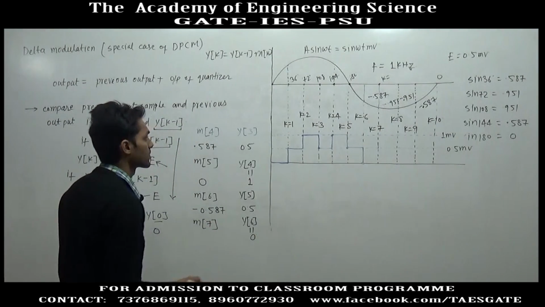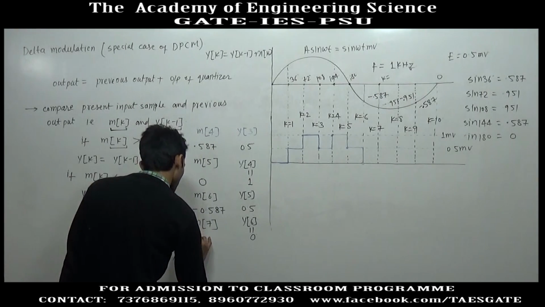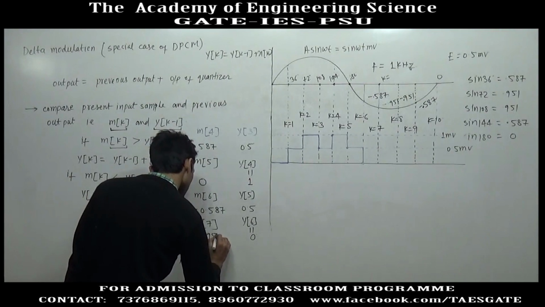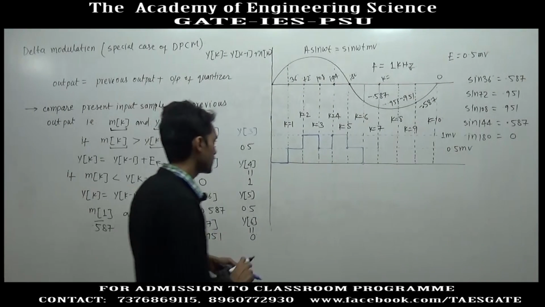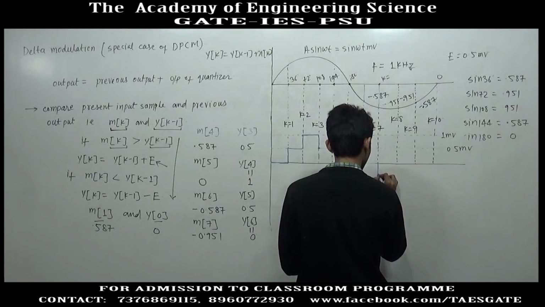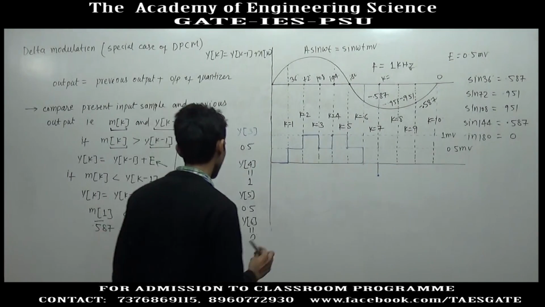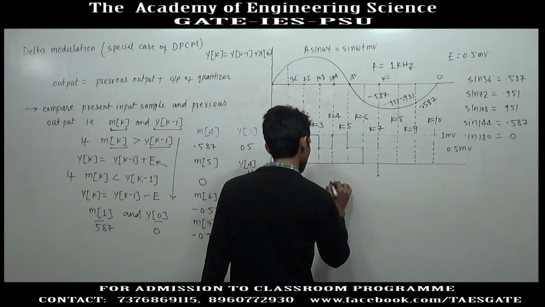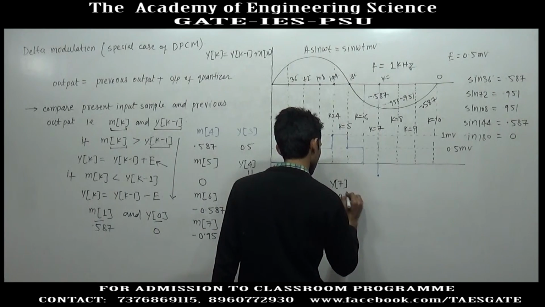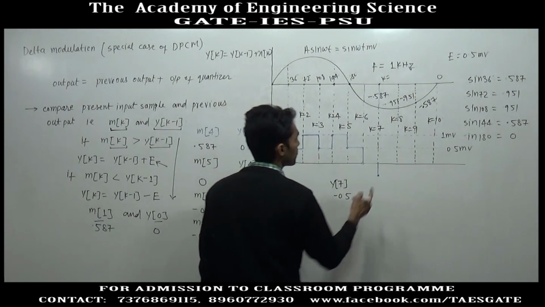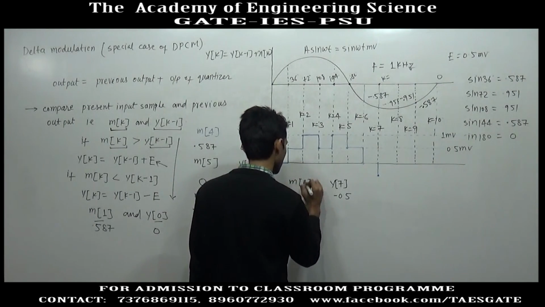To obtain output at k equal to 7, we will compare M7 and Y6. M7 is minus 0.951. So again the input is less than the previous output, so again we will subtract. So at k equal to 7, Y7 is equal to minus 0.5. To obtain output at k equal to 8, we will compare with M8.